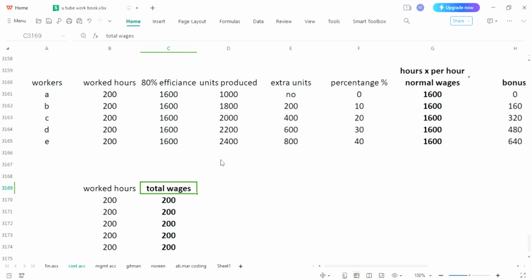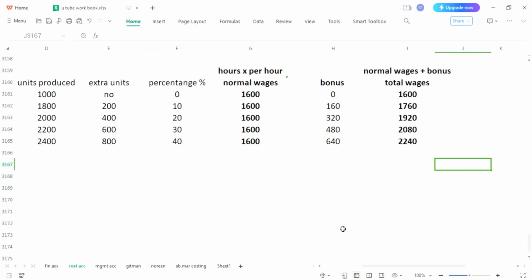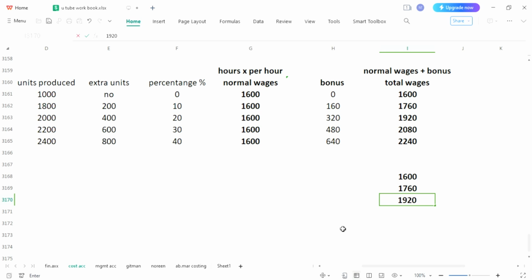Why is the paste option not coming over here? Okay, we'll have to write it down. First wages were 1600, then second wages we will write over here: 1600, 1760, 1920, 2080 and 2240.